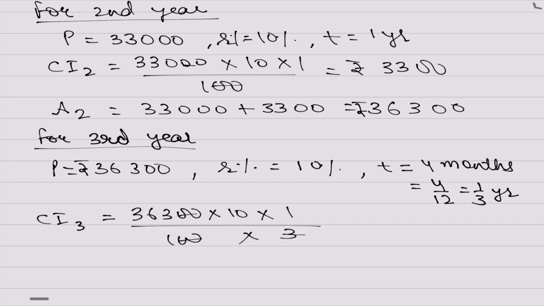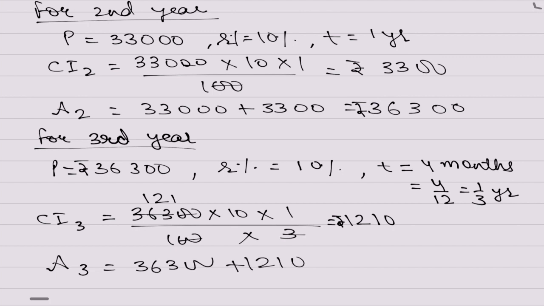So this is 1,210 rupees. So amount of the third year is principal plus interest, that is equals to rupees 37,510. This is the amount at the end of 2 years 4 months.